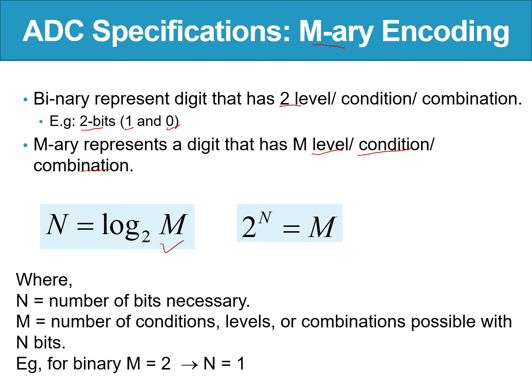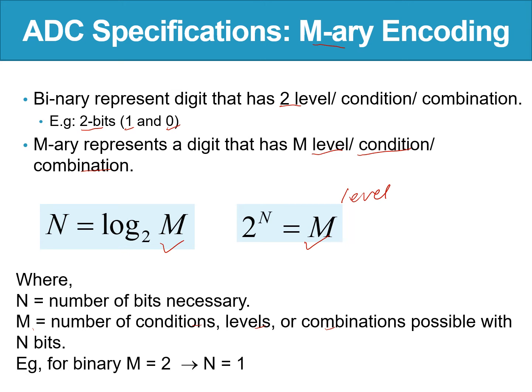Here is the equation: N equals log base 2 of M, and M, which is the level, equals 2 to the power of N, where N is the number of bits necessary. M is the number of conditions, levels, or combinations possible with that number of bits.